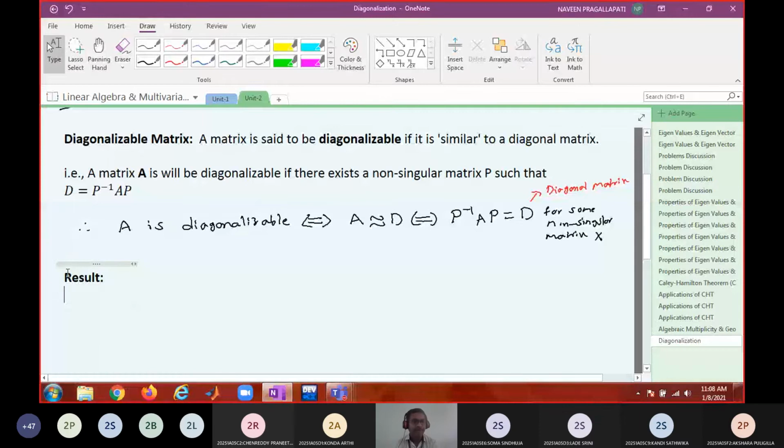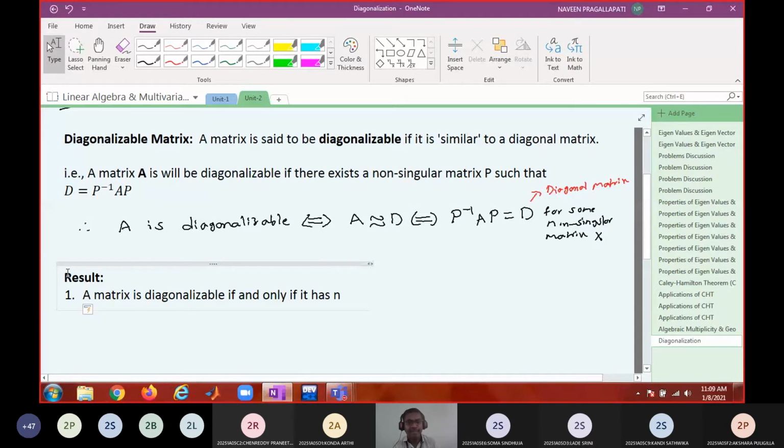First one: a matrix is diagonalizable if and only if it has n linearly independent eigenvectors.